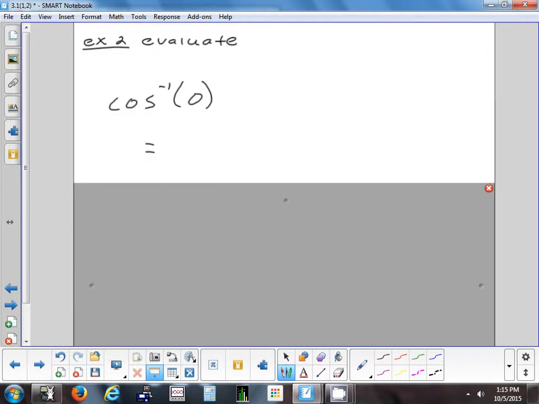All right, for cosine, now we've got to kind of switch gears a little bit. We're not negative 90 to 90 anymore. What are we now? Yep. Now we're 0 to 180. If you try negative 90 to 90, you're going to get hung up here. Okay, so now we're 0 to 180. All right, so what angle would I take the cosine of, and the answer would come out to 0? 90.